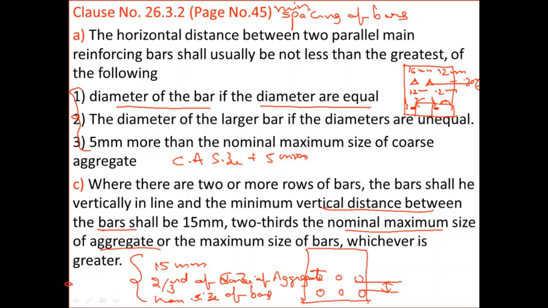Again, you have to take the greatest among the following. Of these three, whichever is the greatest should be the minimum vertical distance between the bars.